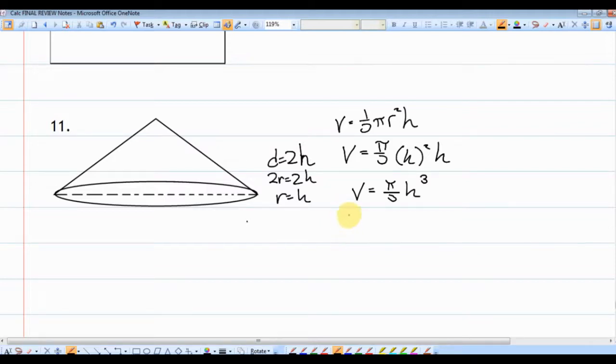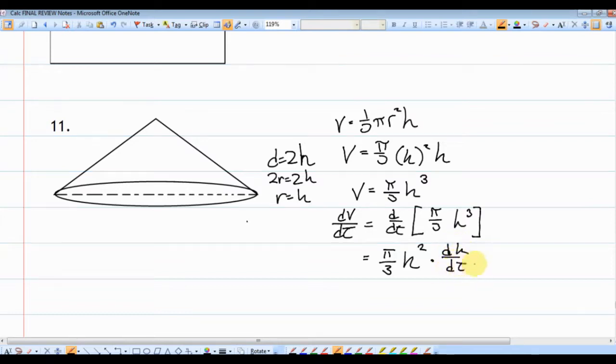Awesome. dV/dt is equal to the derivative with respect to time of pi thirds h cubed, which equals pi thirds h squared times dh/dt. You know, I'm forgetting something here, aren't I? I'm forgetting to multiply by 3, aren't I?